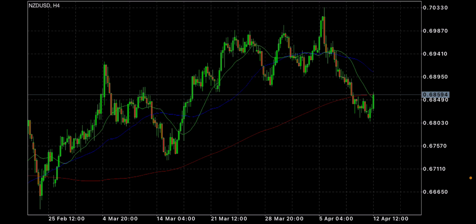And the NZD still remains one of our weaker currencies coming into this trading day, coming into this New York session. Okay, so we're going to see how it plays out in the market with this news, and we're going to continue to see a weakening of the NZD because of it.